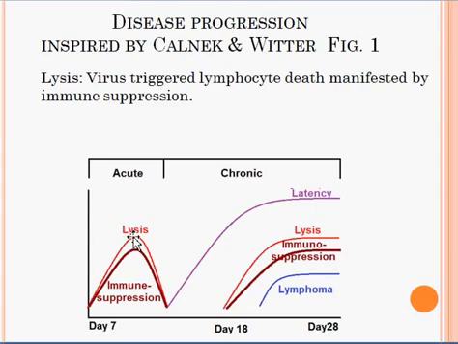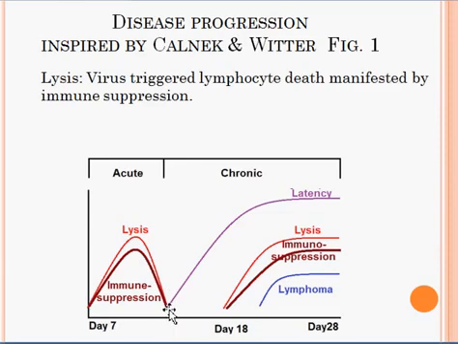due to lysis of cells, B lymphocytes. So lysis is virus-triggered lymphocyte death manifested by immune suppression. So since lymphocytes are dying, immunity is suppressed, and after some 2 or 3 weeks, you get another phase.